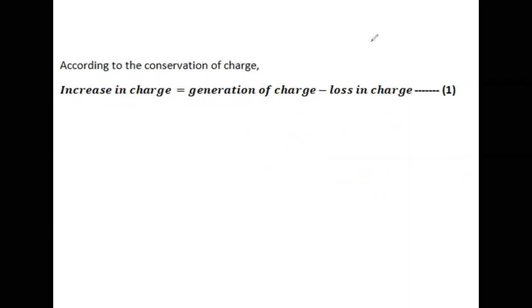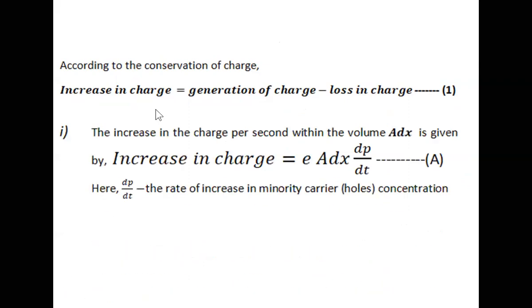Now let us try to write down the equations. For example, if you try to write down the expression for the increase in the charge, let us consider an n-type semiconductor, and in the n-type semiconductor I am going to consider the minority charge carriers.